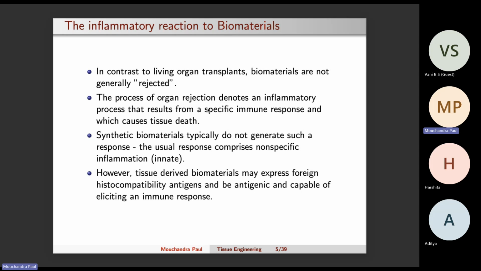That is still of natural origin, the components in it are still available in our body, but our body will still recognize it as foreign. Why? Because it definitely has some proteins, and the proteins will express some foreign histocompatibility antigens.